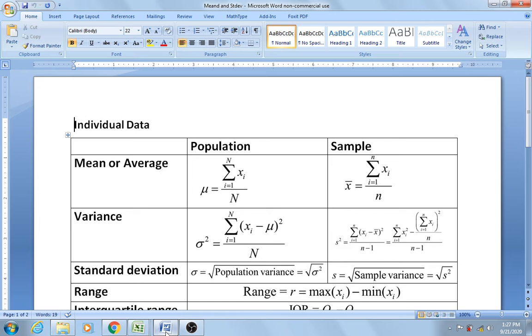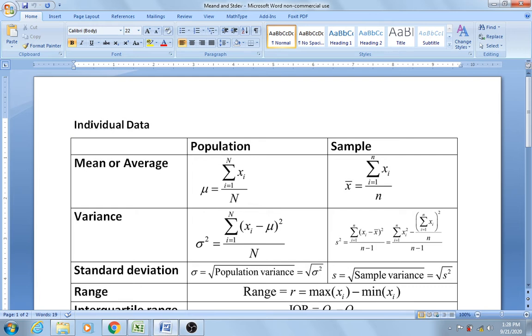We will continue our discussion on descriptive statistics, and in this video I will explain how to calculate the mean or the average, the variance and the standard deviation of data. We can classify the data that we have into two groups.